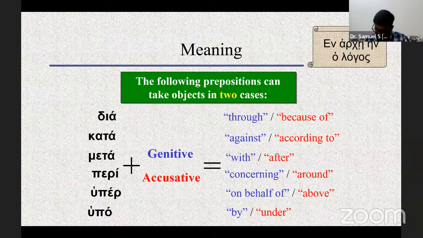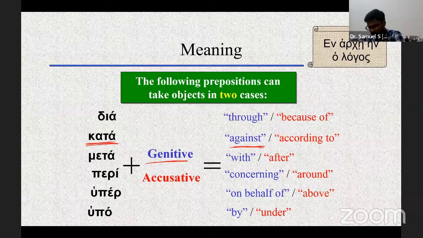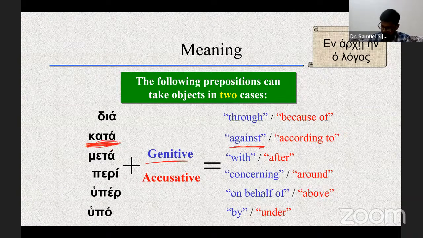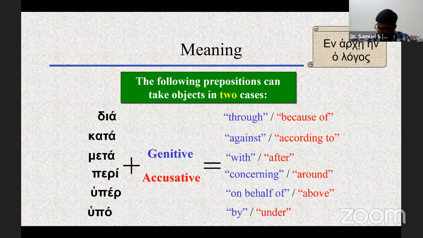Kata plus the genitive is against. Like kata lambano, against, right? We see this used quite a bit. Paul also extensively uses the preposition kata to communicate against, cutting across, right? Kata, cutting against, something like that.